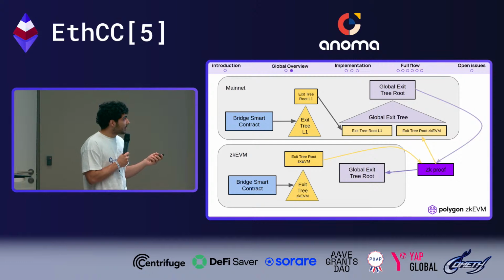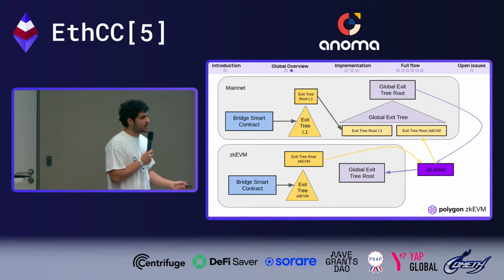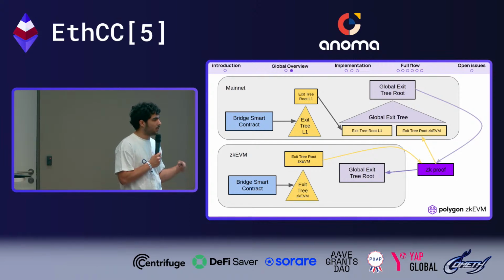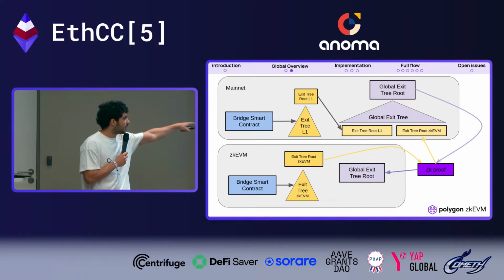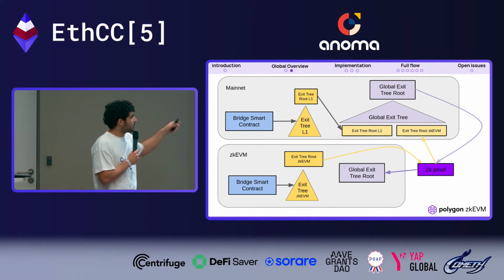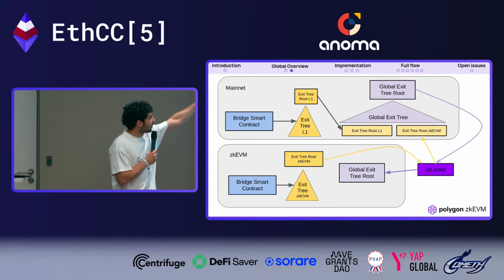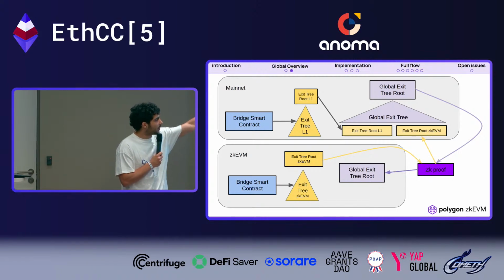This slide is more specific, while the other slide was more general. With the current implementation that we have, here we have mainnet, and here we have our zkEVM. As we see, it is very similar. If a bridge smart contract is called, a new leaf is added to the exit tree, and therefore the exit tree root is updated, and therefore the global exit tree root is updated.